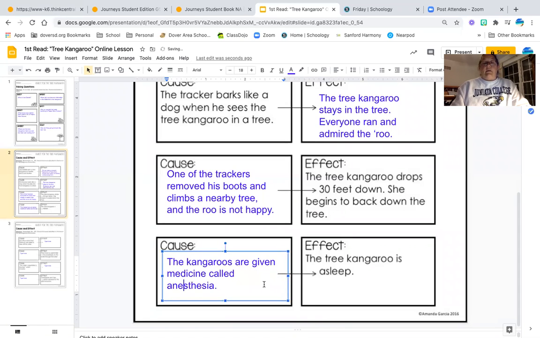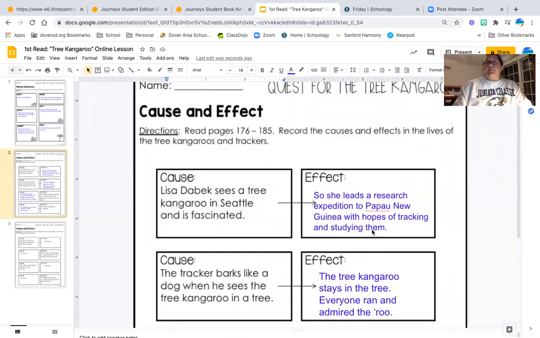I think it has an E in there. Let's see. Yep, didn't get the red squiggly line. Okay. So they're given that medicine and the tree kangaroo goes to sleep. But it's only a temporary amount of time.